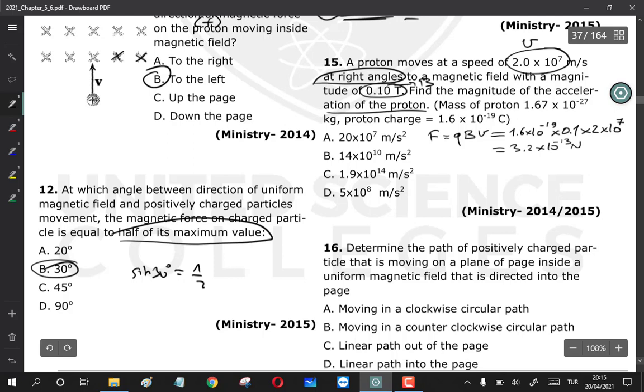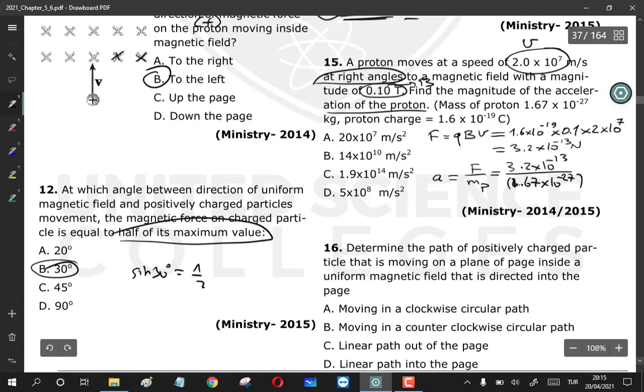Now for calculating the acceleration, use Newton's second law of motion. Force divided by mass of the proton will be the acceleration. 3.2 times 10 to the power of negative 13 Newton is the force, and the mass of the proton is given in the question as 1.67 times 10 to the power of negative 27.